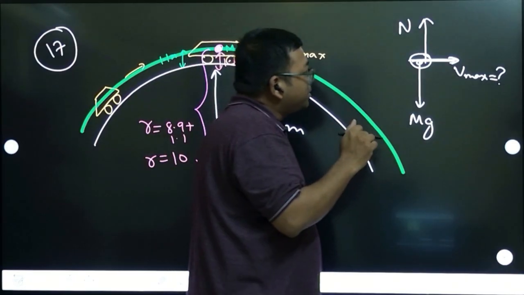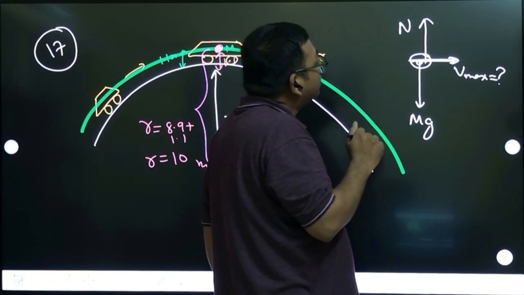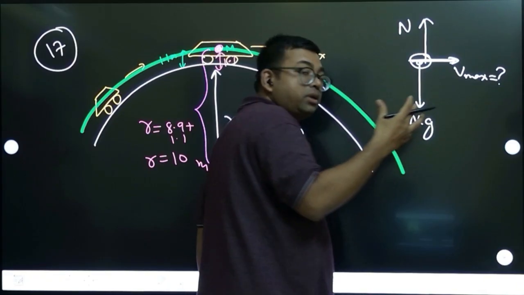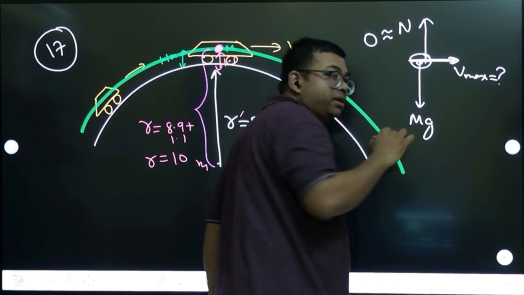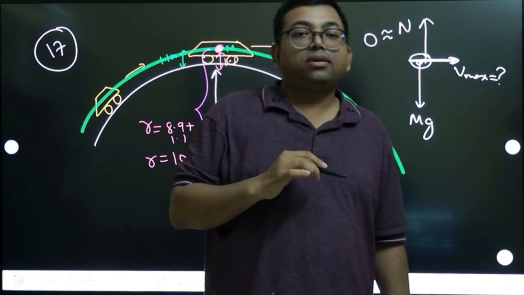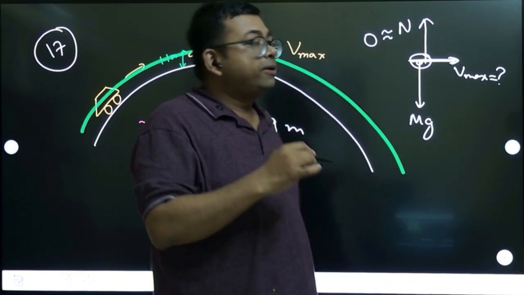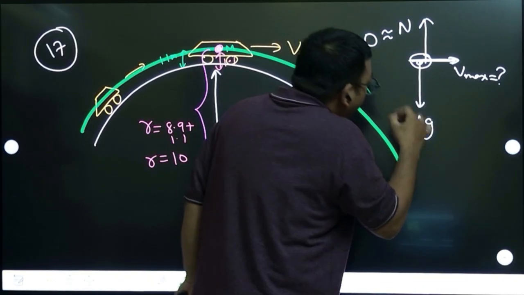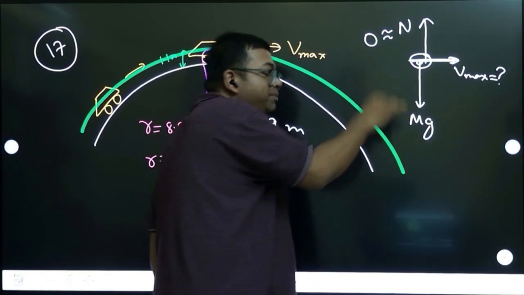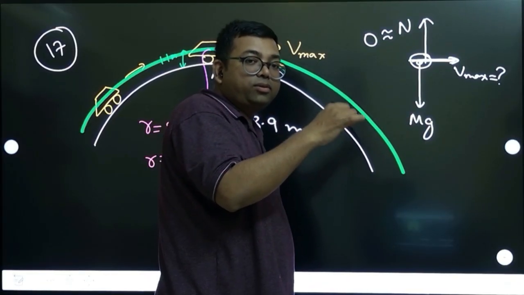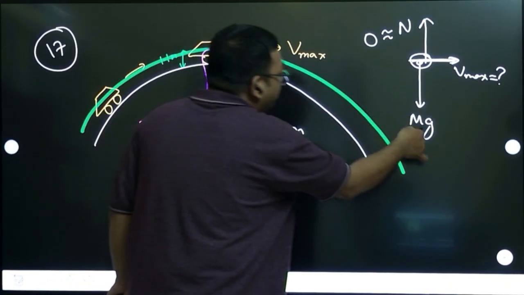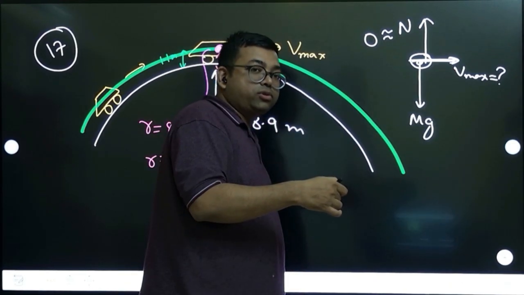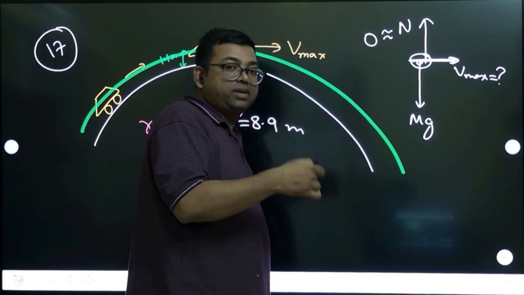So maximum speed is that only where it should not lose contact, meaning you can assume that at maximum speed the normal almost becomes zero. If normal becomes zero, then the only force acting on this body is mg, right? And that force is acting toward the center. So mg is the only centripetal force. Are you getting this?